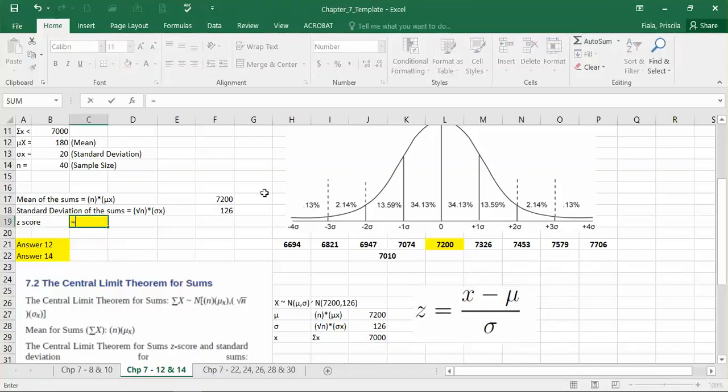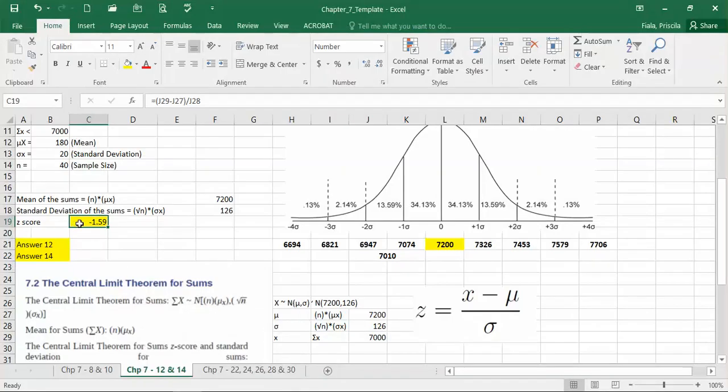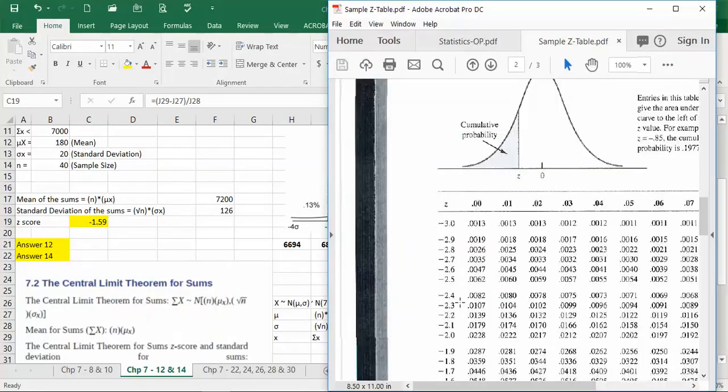Okay, so we're going to do equals my x value minus my mean, divided by my standard deviation, which gives a value of -1.59. Therefore, if we go to our table now, we found the z-score, right? The z-value. So let's go to the table to look at the percentage.